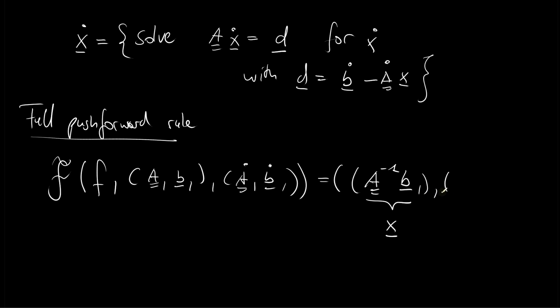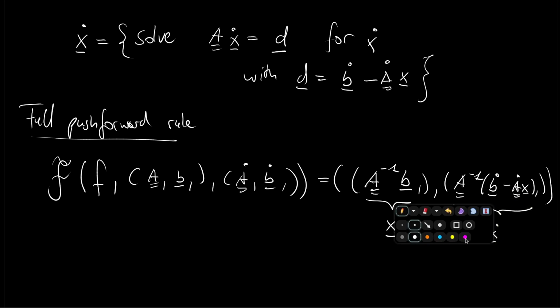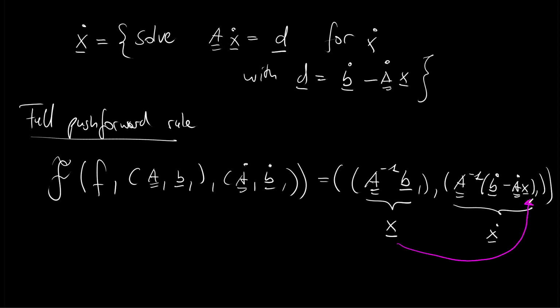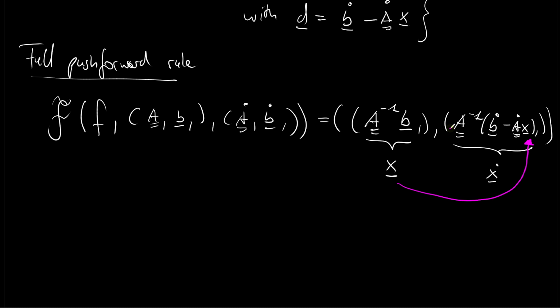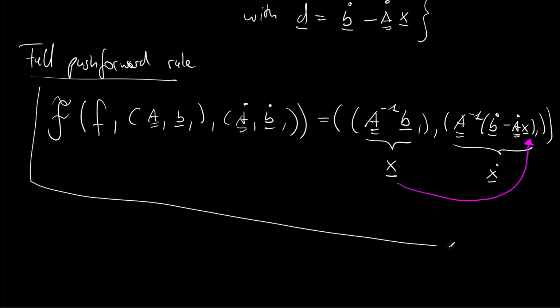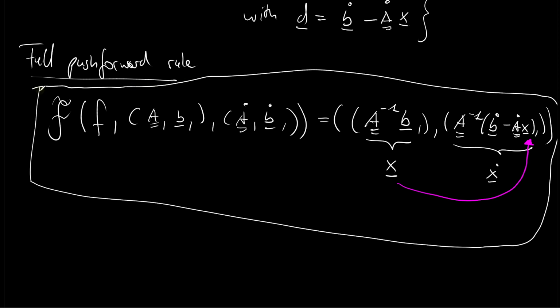And then we push forward the tangent information by solving A inverse times B tangent minus A tangent times primal x. So this is essentially our x dot, how we propagate that. And in order to solve that, we need to incorporate this primal information. That's why these two are intertwined. And that is our full rule. Let me put a box around that. Yeah, a pretty ugly box, to be fair.